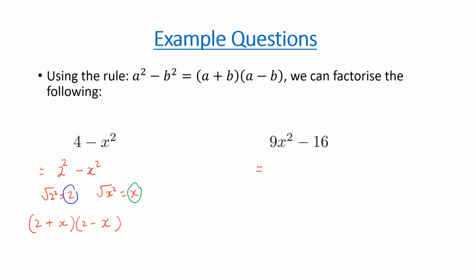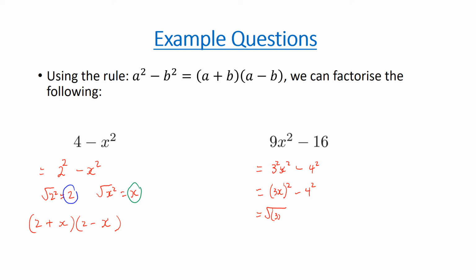Here we know that 9x squared can become 3 squared x squared, and we're going to have take 4 squared. We know that if we square root 3 squared and x squared, we're actually square rooting 3x squared, so we'll put that in as our next step. Now we're going to find the square root of 3x all squared.